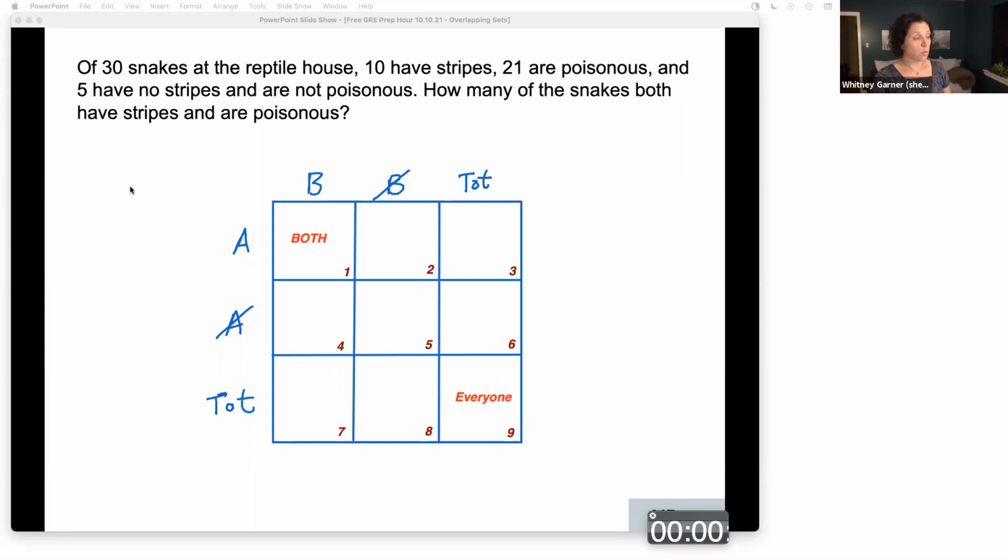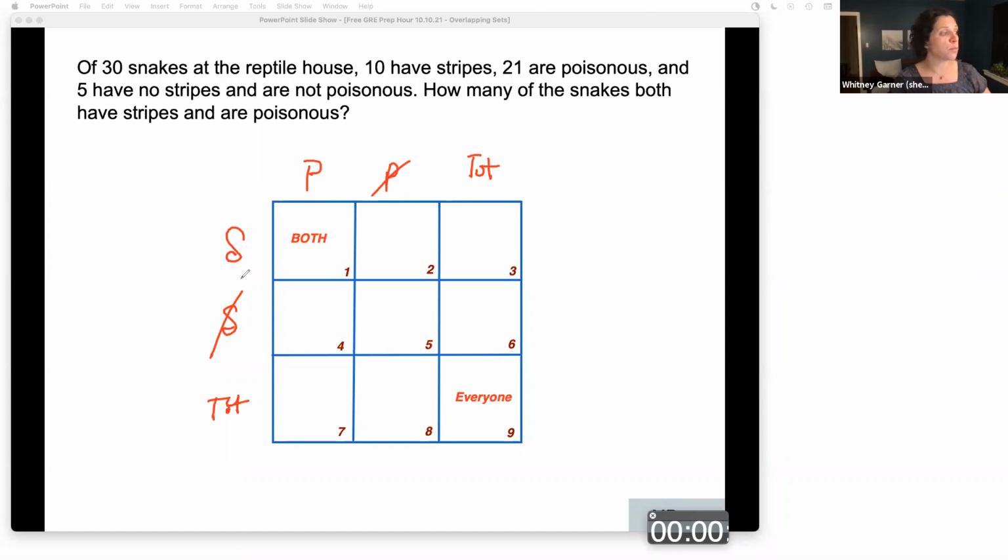Okay. So we'll make those on this side, we'll make it snakes without snakes, and total. So that's one of our either ors. We've got both in the top left. Something can be both, or sorry, not snakes, stripes, or poisonous, or not poisonous, total.